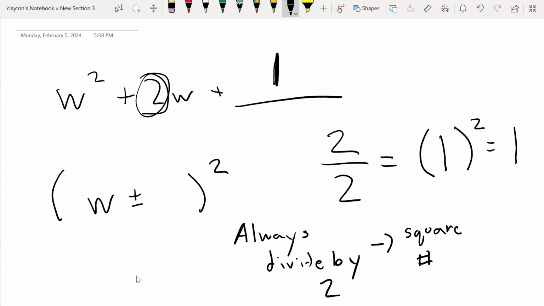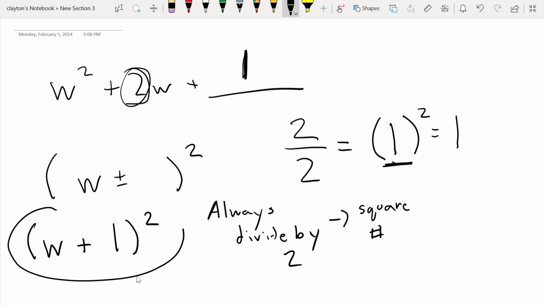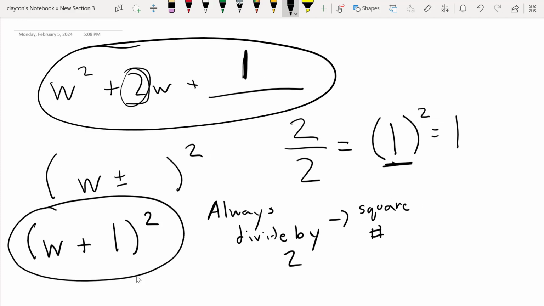And the good news, in every case, is that this number is what we put in our perfect square format. So we end up with w plus 1 squared. And you can always go verify. We can take this and factor it all out, and we should end up with w squared plus 2w plus 1.